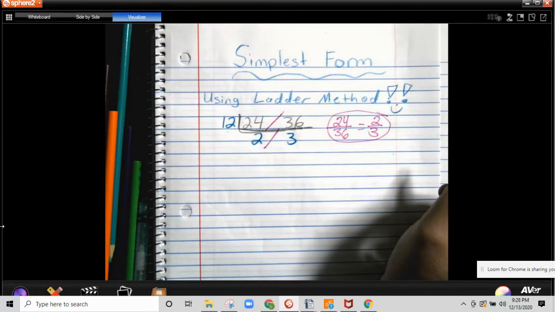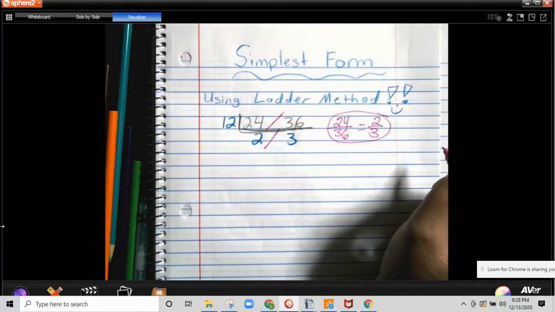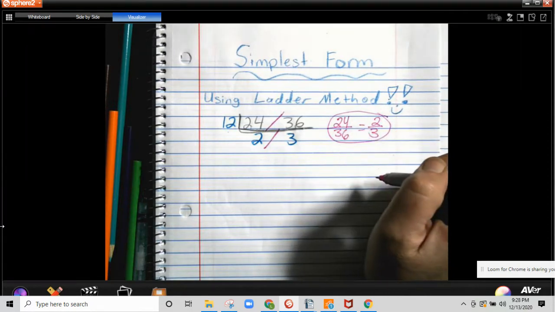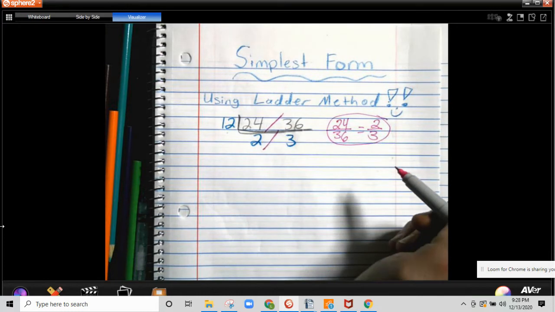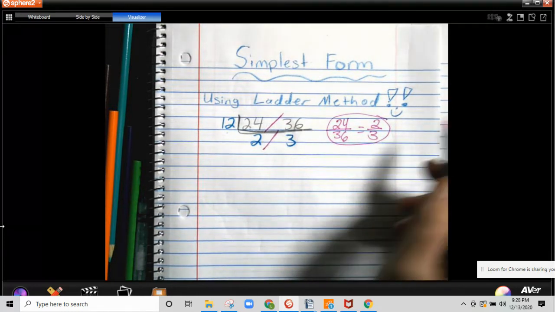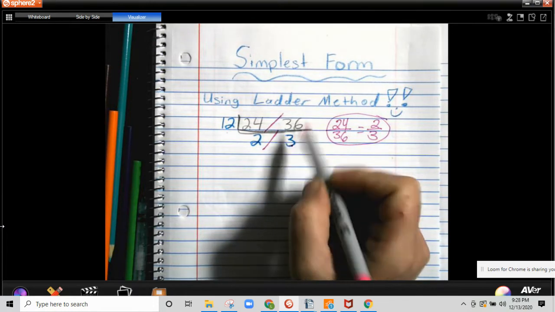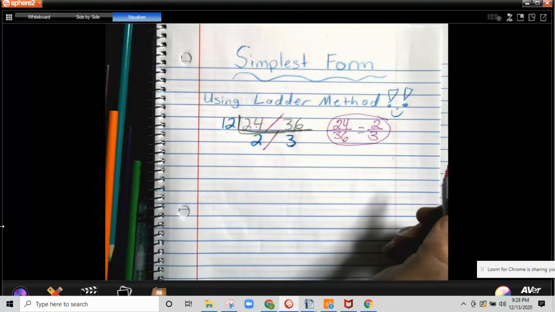So if I add or subtract fractions and I get something like 24/36, I'm going to throw that in my ladder method. 2/3 is the simplest form of 24/36.